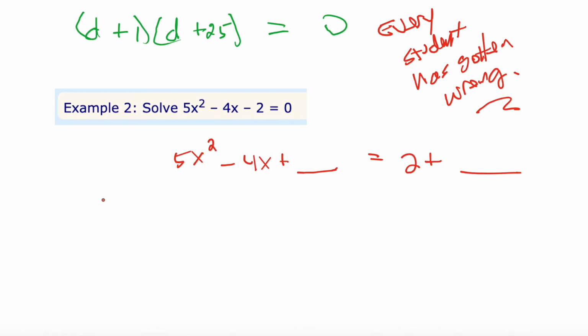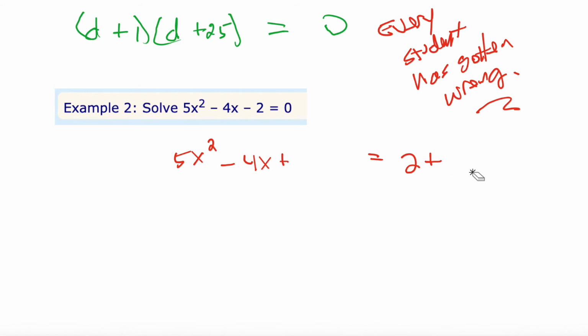Okay, ready? So what are we going to put here? 4. How'd you get 4? B over 2 squared. Oh, wait. Hold on. Sorry. I forgot something.